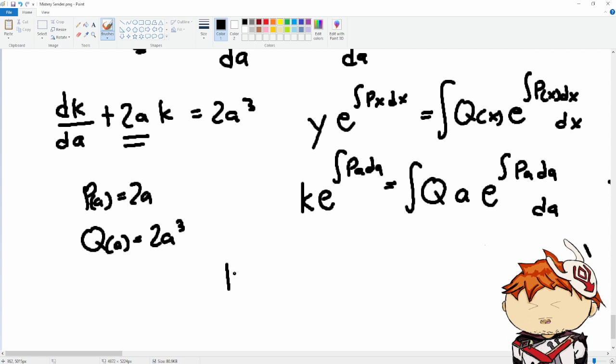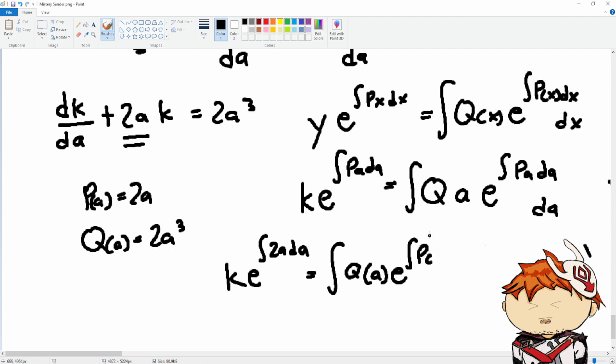Okay, anyways, k e to the integral of P(A) dA. Now our P(A) is 2A, so the integral of 2A dA is equal to the integral of Q(A) e to the integral of 2A dA. Now let's just substitute it.